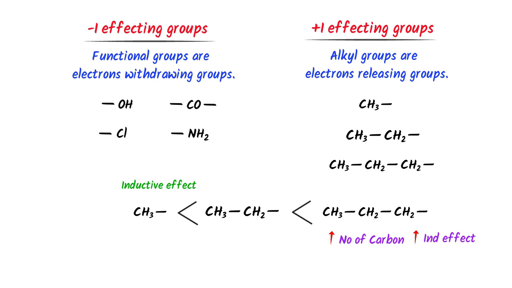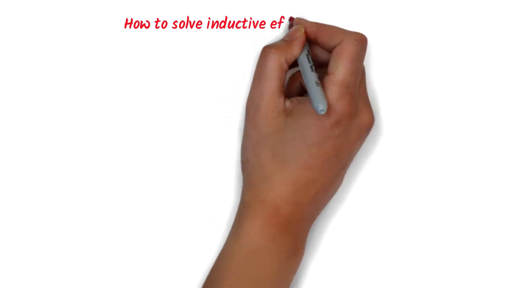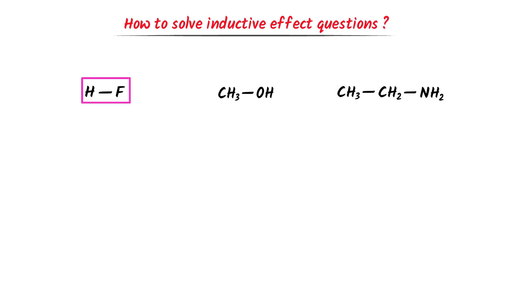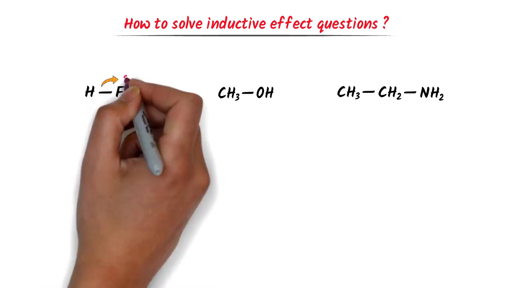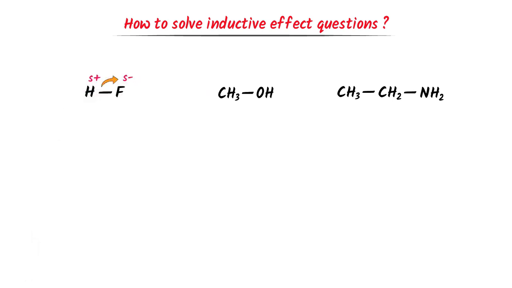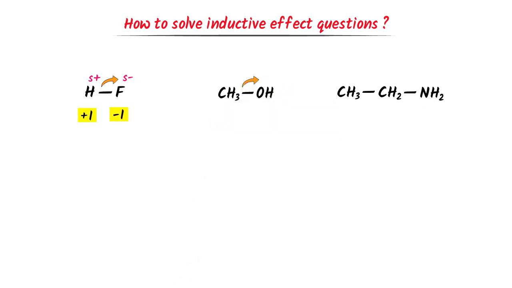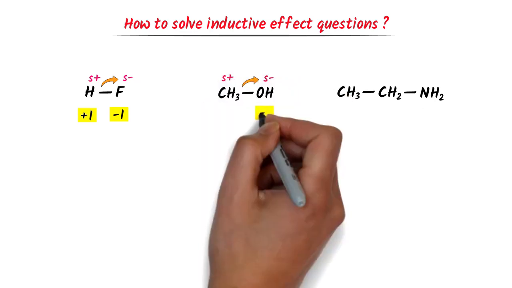Finally, let me teach you how we can solve inductive effect questions. Well, consider these compounds. In this case, we know that halogens are more electronegative. Chlorine will attract the shared pair of electrons. Thus chlorine is an electron withdrawing group or negative I, while this is an electron releasing group or positive I. In this case, OH is a functional group, so it has more inductive effect or it is a negative I group.